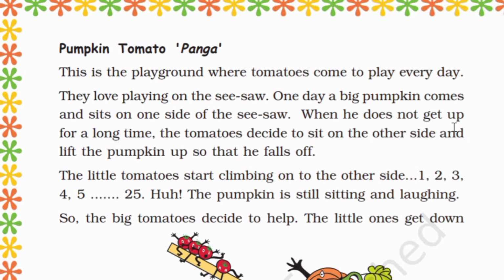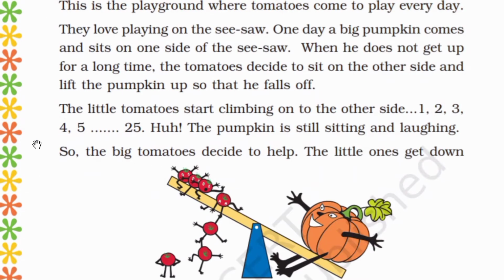When he does not get up for a long time, the tomatoes decide to sit on the other side and lift the pumpkin up so that he falls off. The little tomatoes start climbing onto the other side. 1, 2, 3, 4, 5, up to 25. The pumpkin is still sitting and laughing.